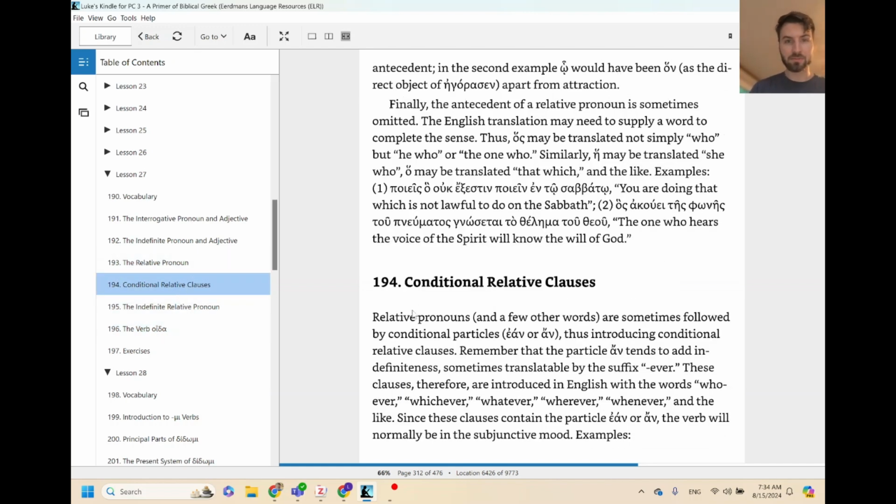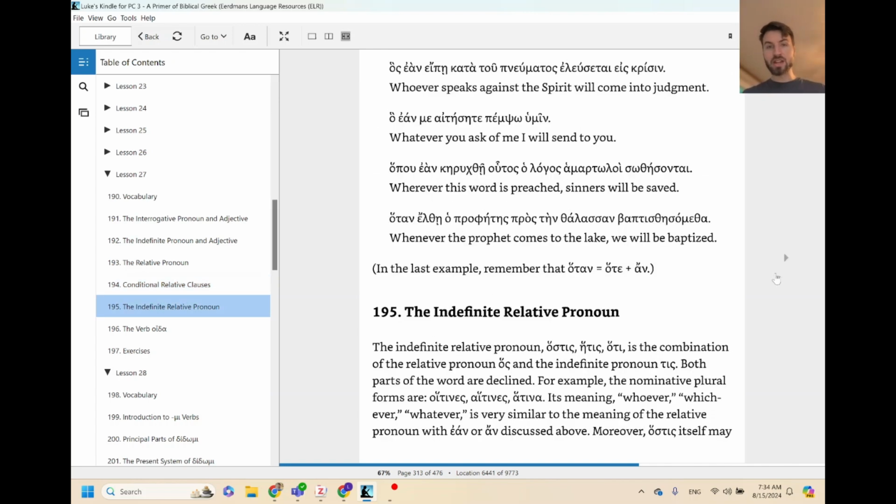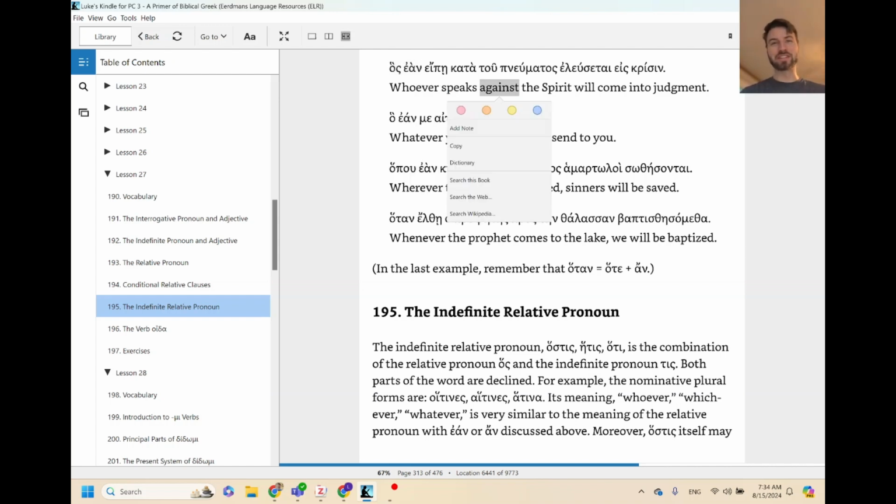Then I'm going to go back up to 194 here, which is conditional relative clauses. So another way to do an indefinite relative pronoun type of translation, like whoever, is to put the relative pronoun with an an. Who, if ever. But you can translate it as whoever.